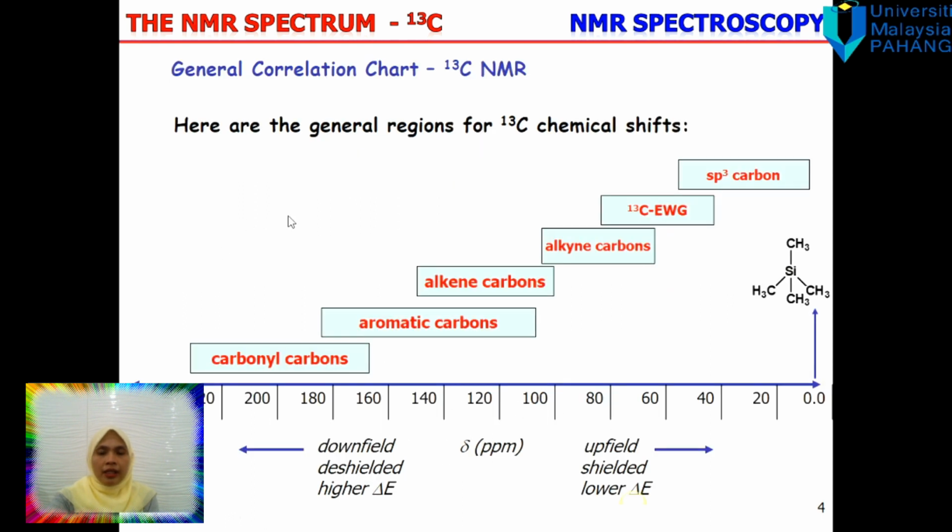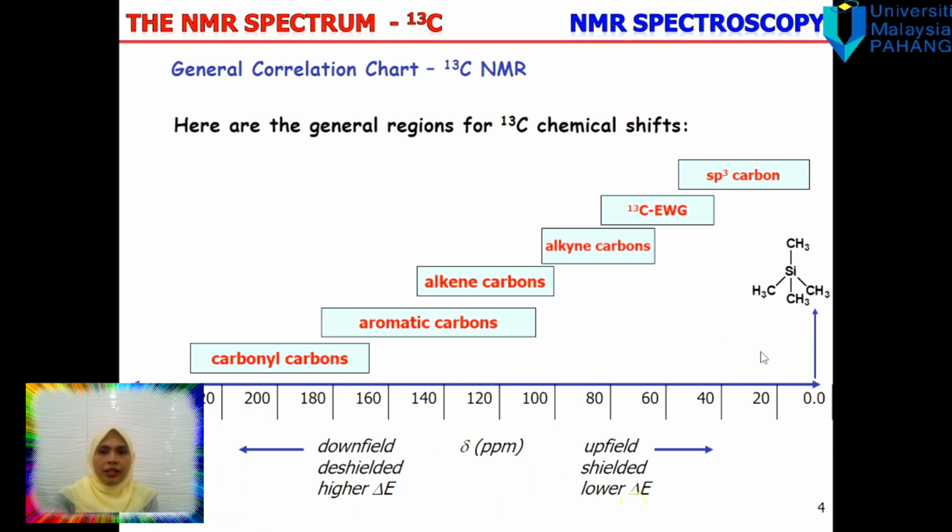This is the chemical shift for the C13. We can compare with the proton NMR: the saturated carbons are in the upfield, and unsaturated or electronegative atoms will be in the downfield region. Both terms have been used: upfield and downfield, shielded and deshielded.